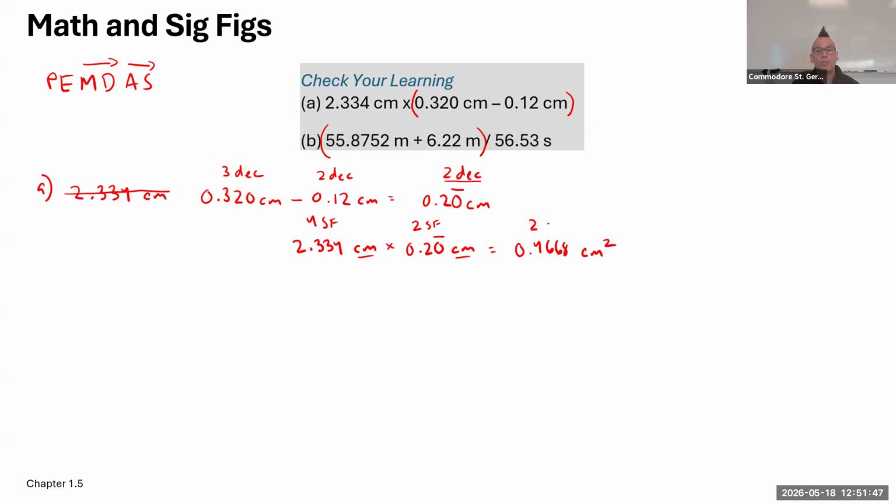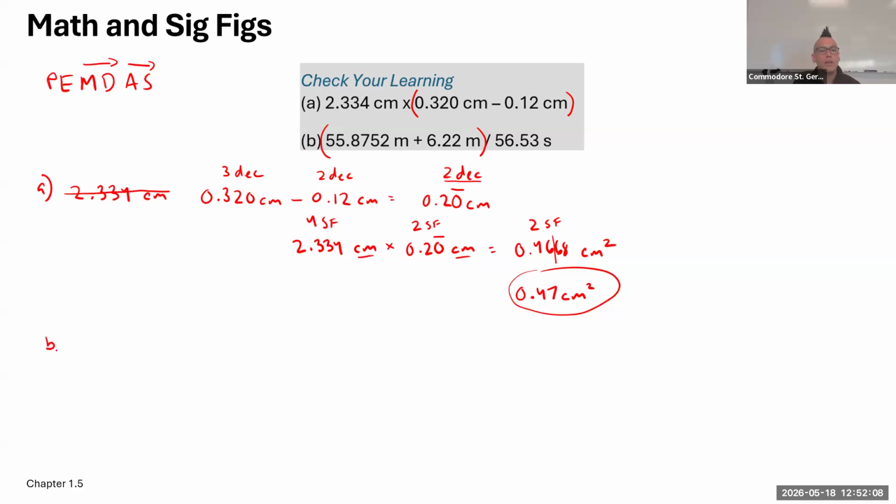We need two sig figs because we're doing multiplication. So I'm going to put a line here. It's going to be 0.47 centimeters squared.